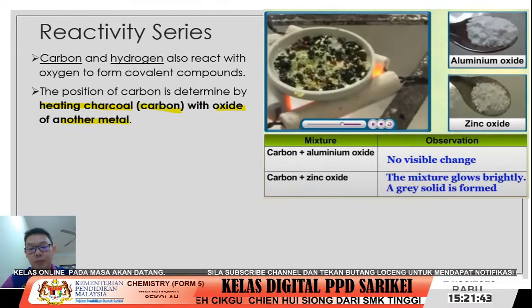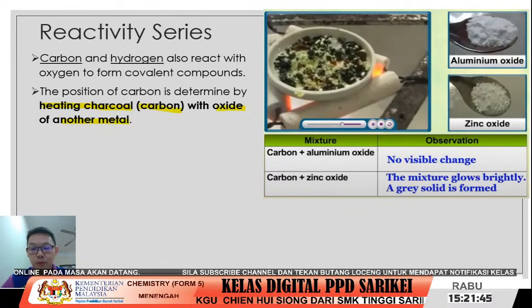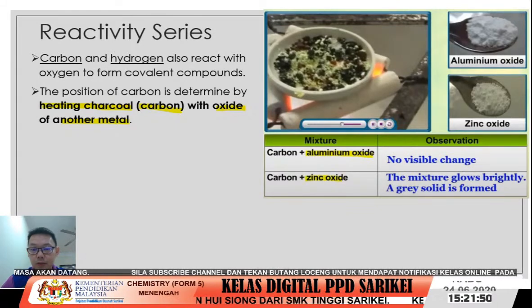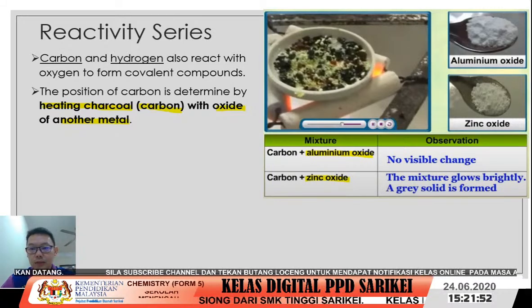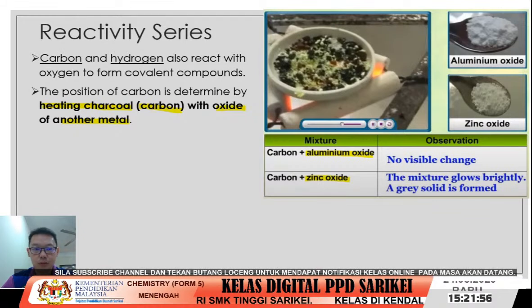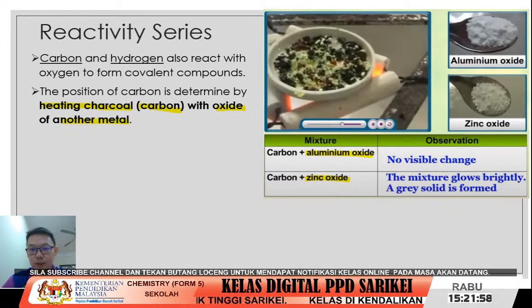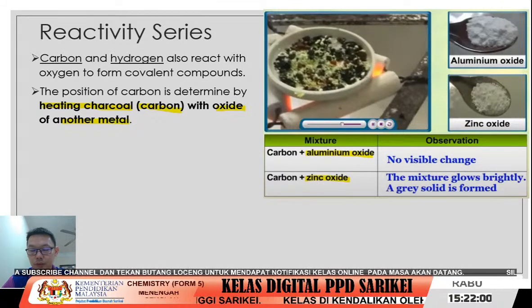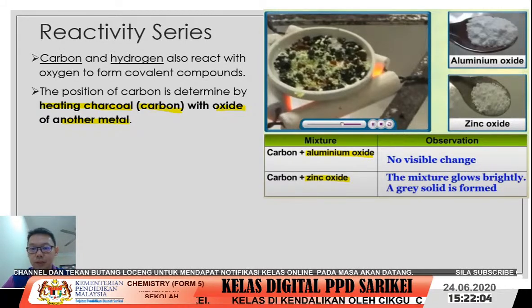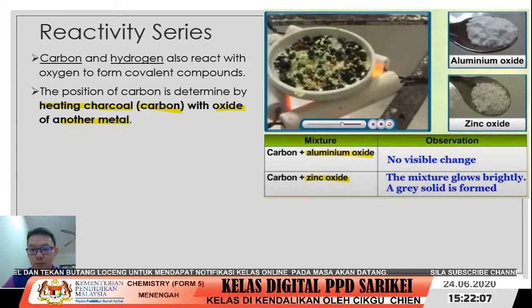In this experiment, we only choose two different metal oxides, aluminium oxide and zinc oxide. As you can see here, we mix the carbon or charcoal with aluminum oxide in a crucible and place it on a pipe clay triangle, and then we heat it strongly.